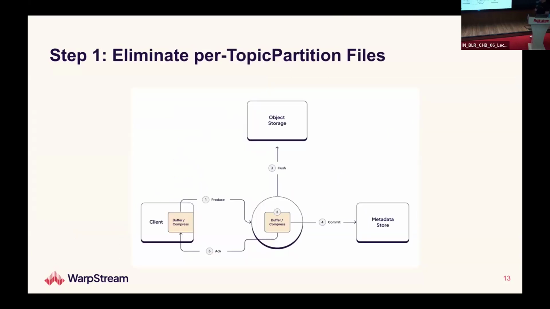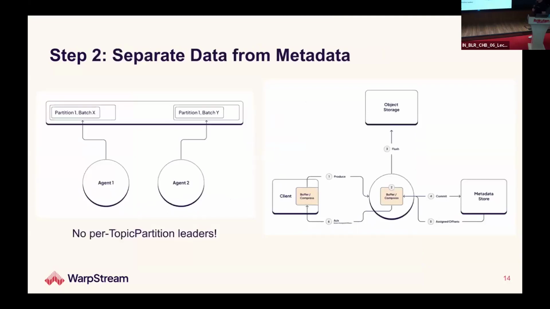The problem is this only works naively if you only have one agent, right? If you have two or more agents and both of those are writing data for the same partition at the same time, you have a problem, because data in Kafka is ordered within a topic partition. And so at some point in the system, we need to decide which data comes first. When we flush the files to the object store, we actually don't know which batches come first yet.